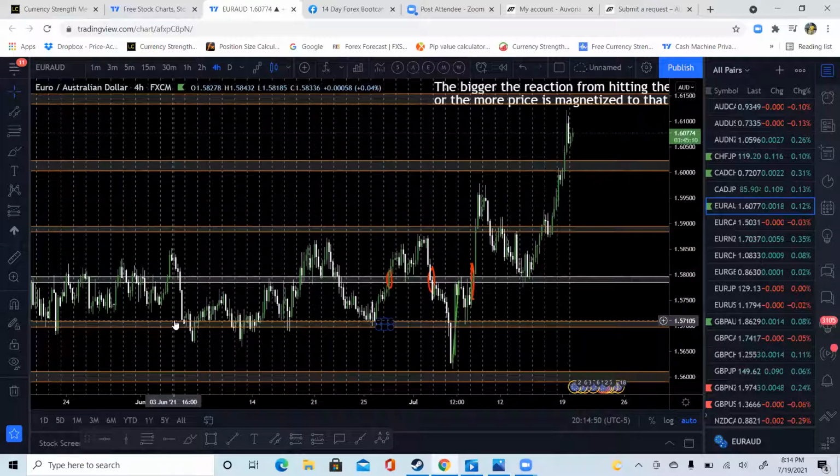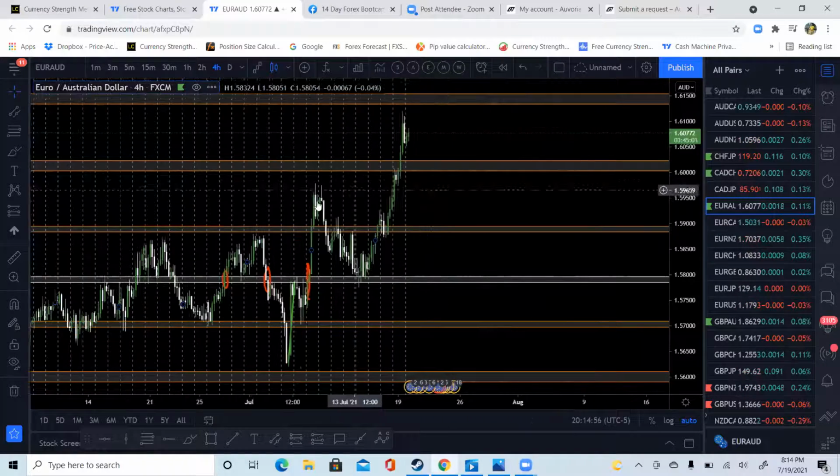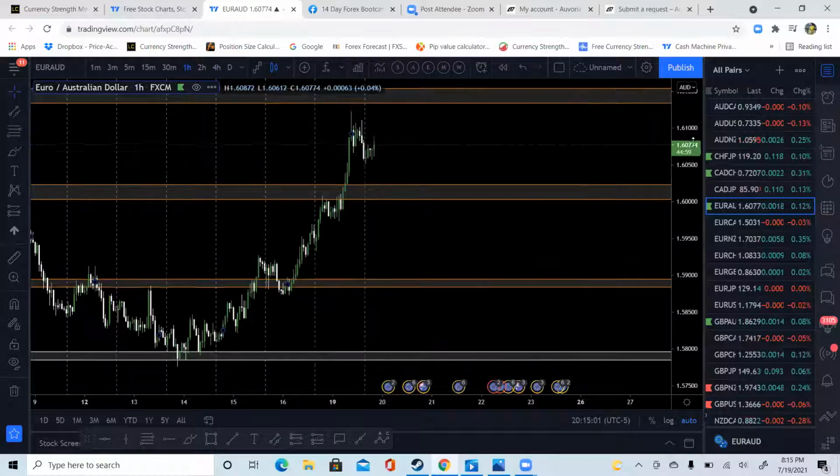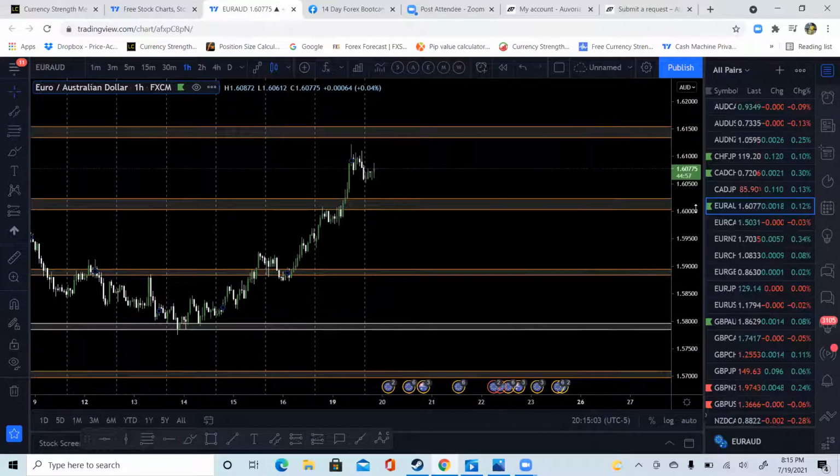So if you have an idea of where price is reacting from, then you know your next play at all times. So now, where price is at this current point in time, you don't have to predict where the market is going. You just merely react to what the market gives you.